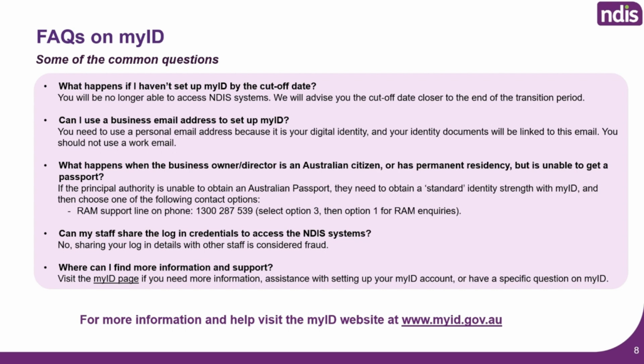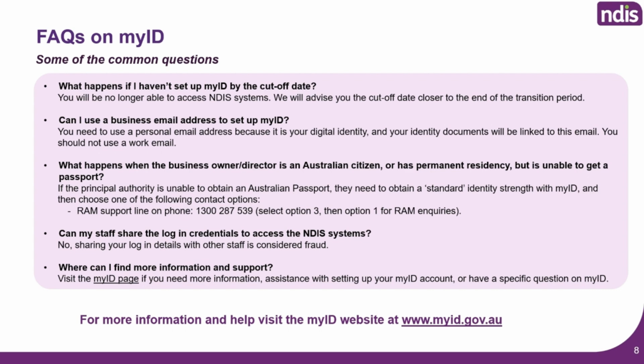What happens when the business owner director is an Australian citizen or has permanent residency but is unable to get a passport? Business owners are required to reach a strong identity level to link their business and act in the principal authority role.